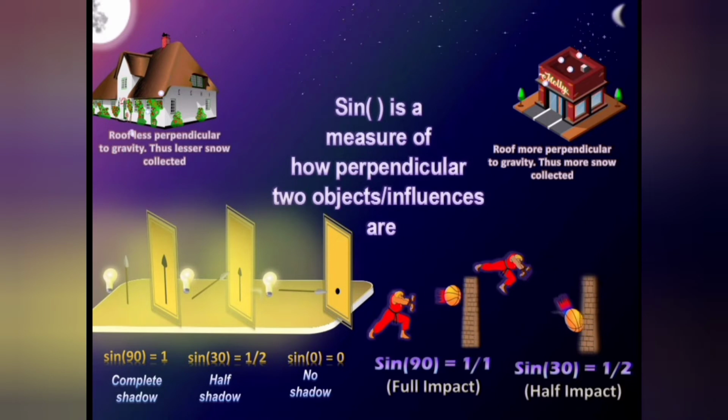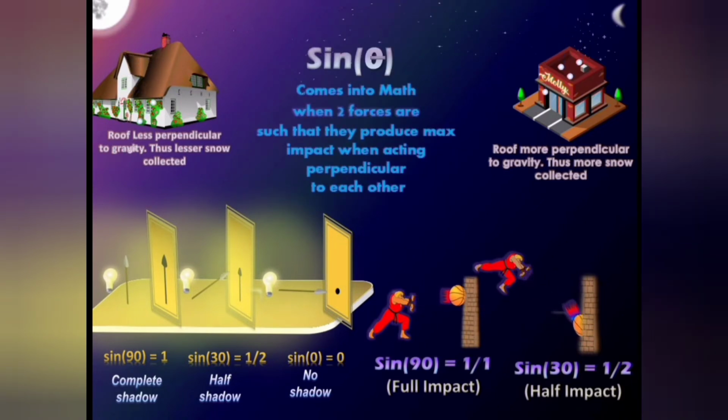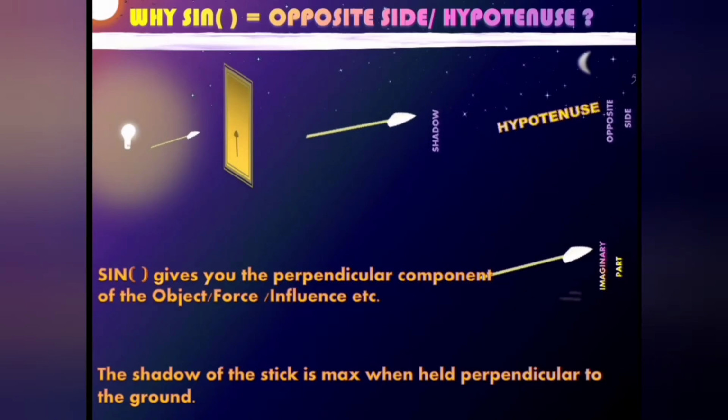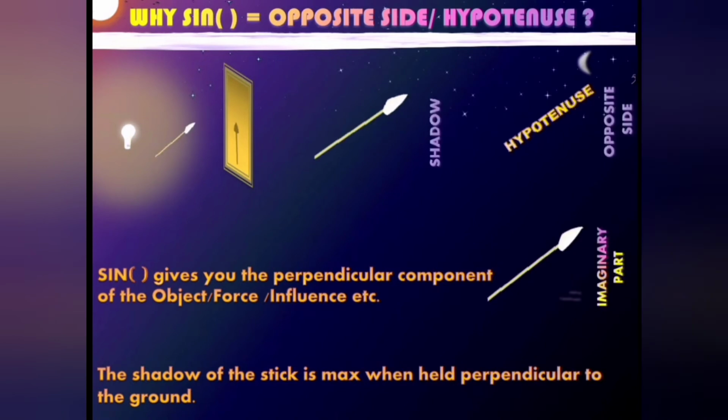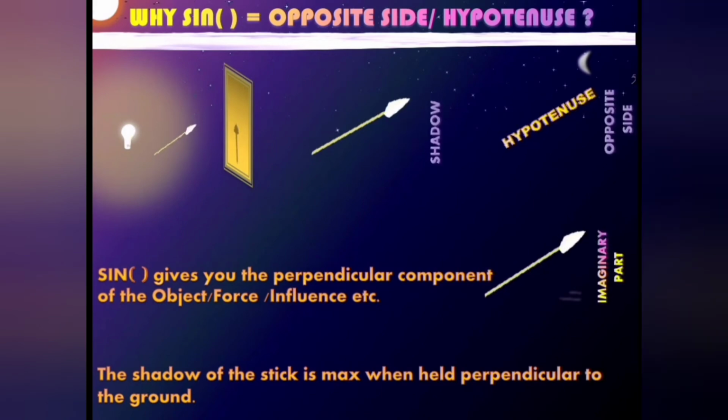In other words, sine theta comes into math whenever two forces are such that they produce maximum impact when acting perpendicular to each other. What if you can visualize the actual reason of why sine theta equals opposite side upon hypotenuse with the help of an animated example as you are seeing on a screen?